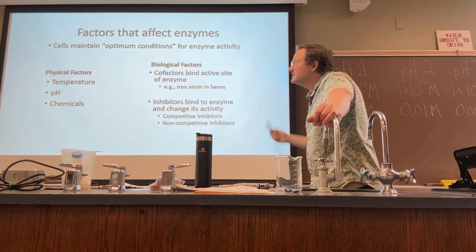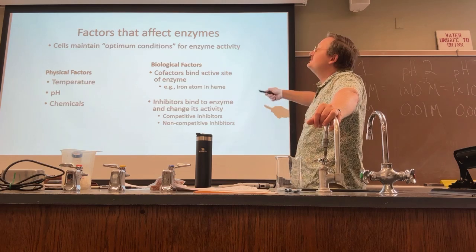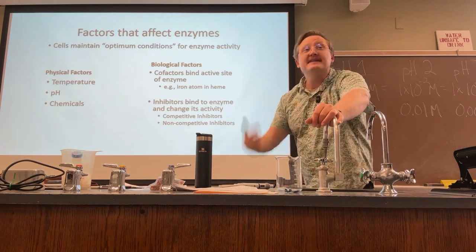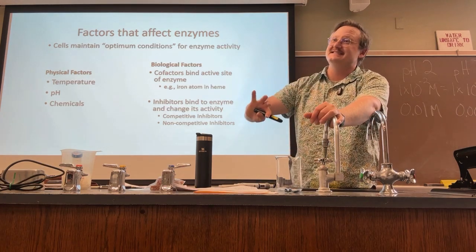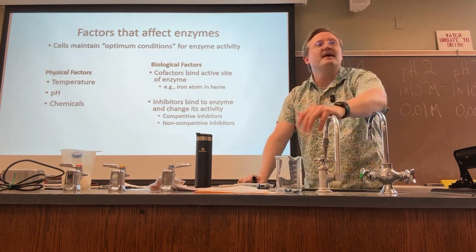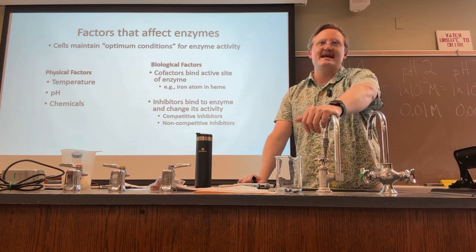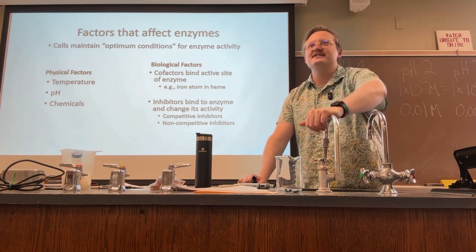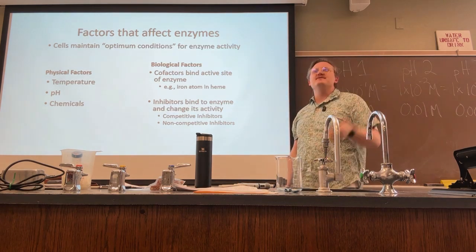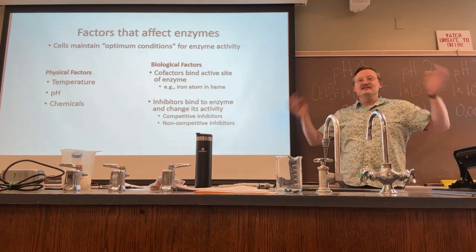So now we're talking about things that affect enzymes, and we're going to use this to talk about enzyme regulation, okay? Sometimes you want a bunch of a certain amino acid, and you've got the enzymes for making that amino acid. So you turn those on, you activate them, you make the amino acid. And now you've got enough of the amino acid. So stop.